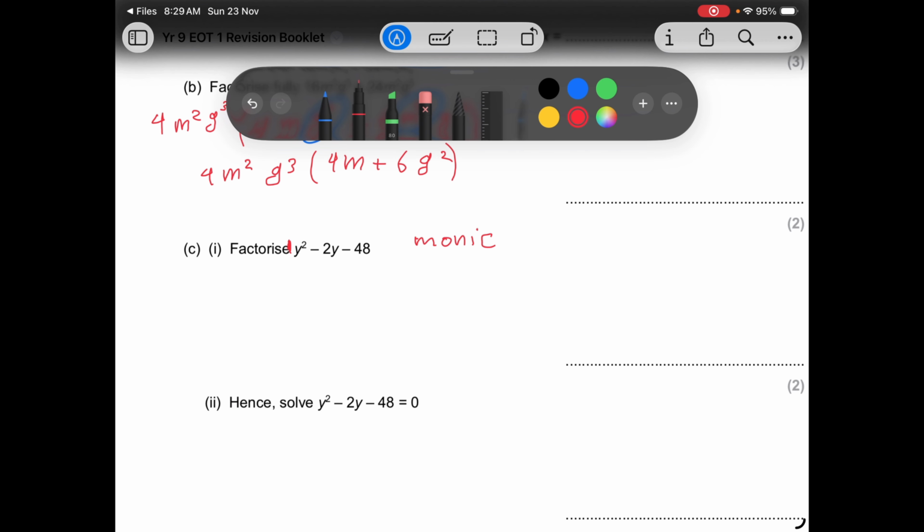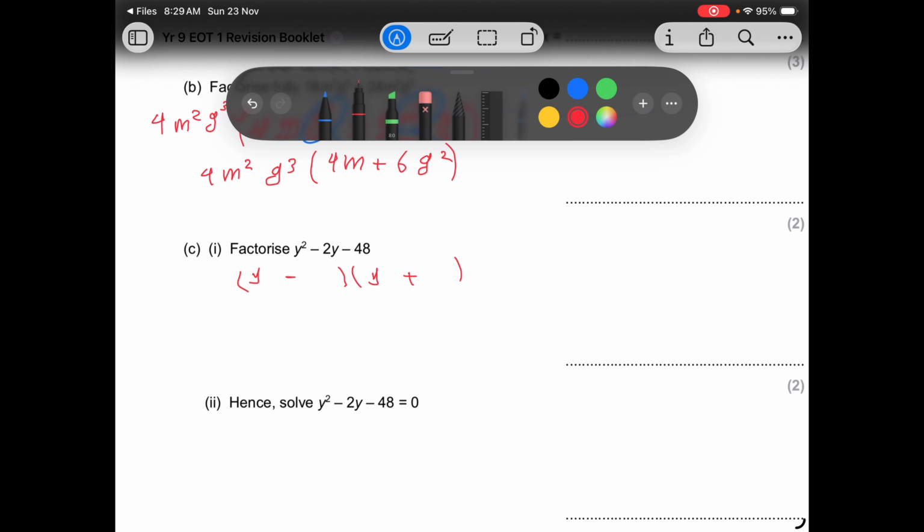And when the leading coefficient is 1, we call this monic quadratic expression. So keep this in mind, and it's super easy to factor these guys because it's y and y, then minus and plus what times what is minus 48, and the addition is minus 2.